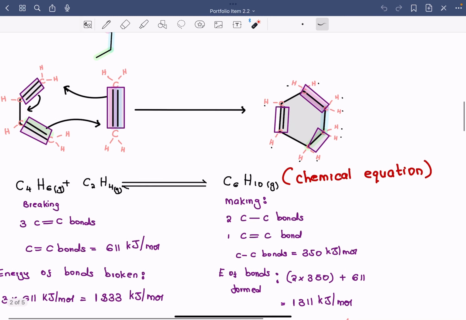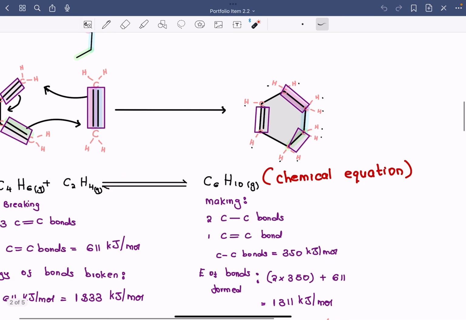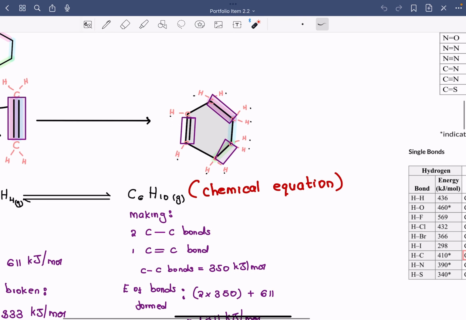And then this is our equation sign, and then we get this structure. So we just fill each corner with a C, and when I filled it, I got 1, 2, 3, 4, 5, 6. So it's C6. And how many hydrogens? 1, 2, 3, 4, 5, 6, 7, 8, 9, 10.